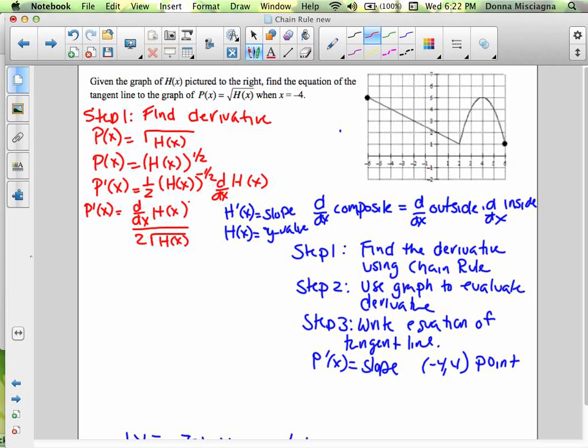All we need to know is this specifically at x equals -4. Oh, isn't that a lovely underline? I'm going to write step 2 in a different color. So step 2, we're going to evaluate p prime of x. So we need the derivative of h at -4, and remember that all that is, is the slope of the tangent line when x equals -4.